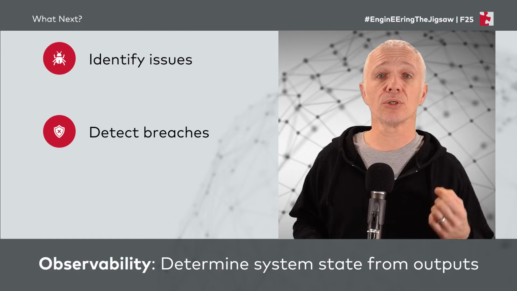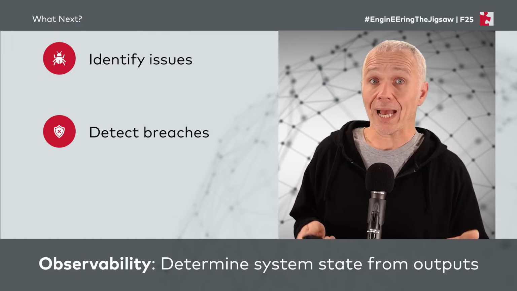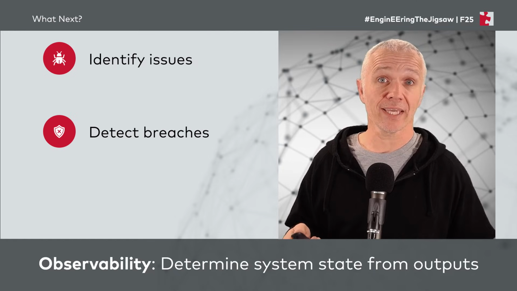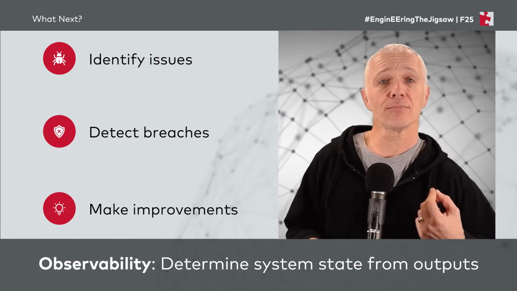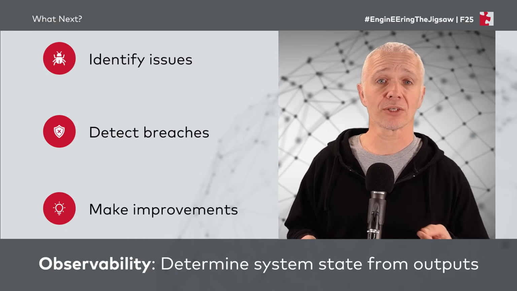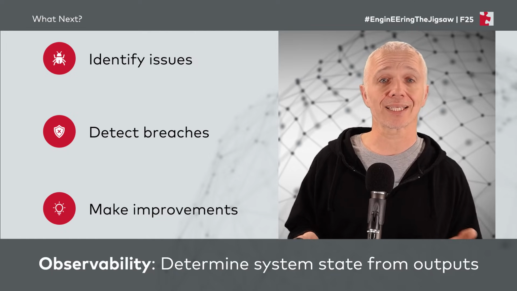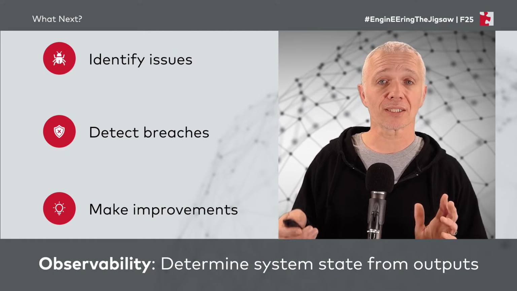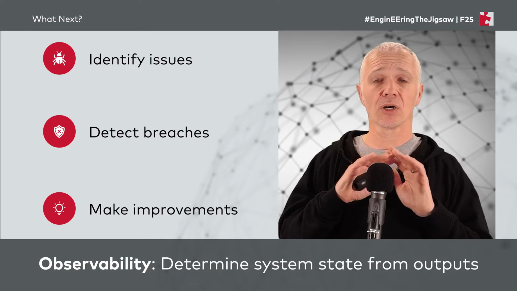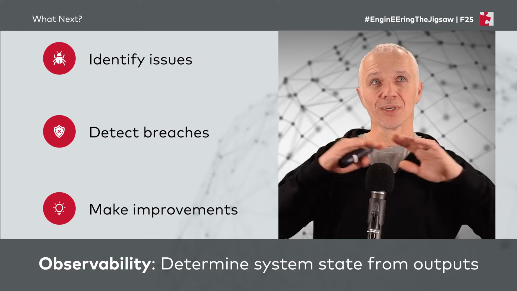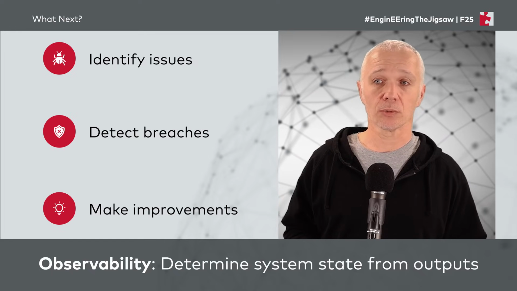It allows us to detect security breaches, which are bad and we would want to fix very quickly. And also, observability allows us to make improvements to our system by allowing us to perform experiments with new algorithms and understand how they perform in a working system before we commit to maybe deploying a new algorithm to a whole fleet of vehicles, potentially, if we're working in the context of a vehicle.